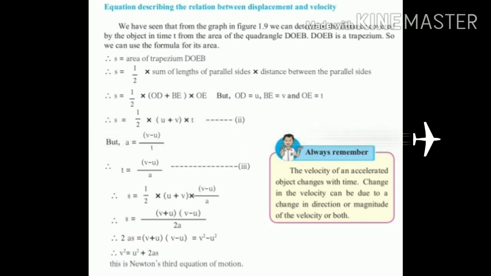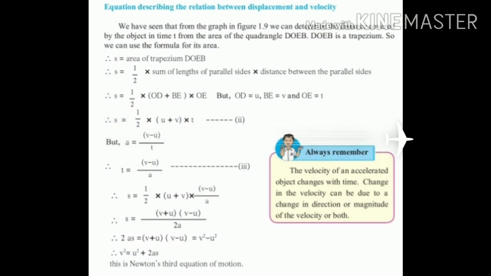Therefore, S is equal to half into the sum of lengths of parallel sides into the distance between the parallel sides. The parallel sides are OD plus BE, and the height or distance between the parallel sides is OE.